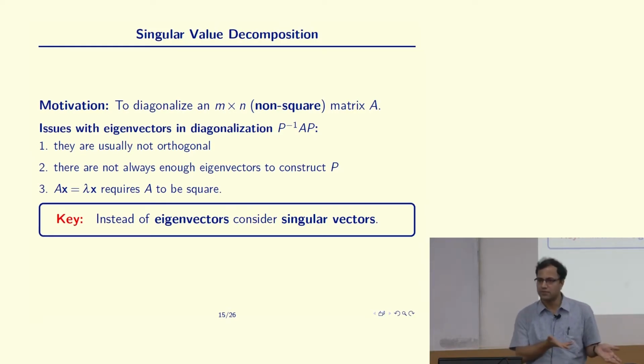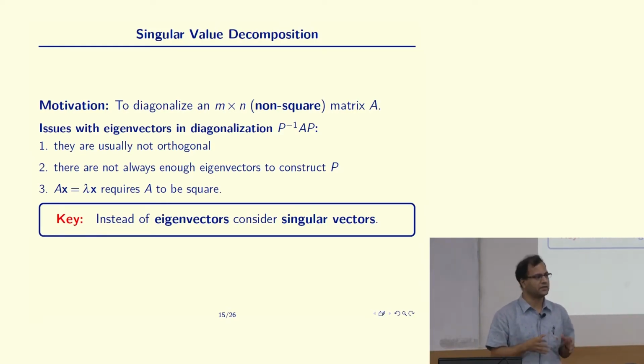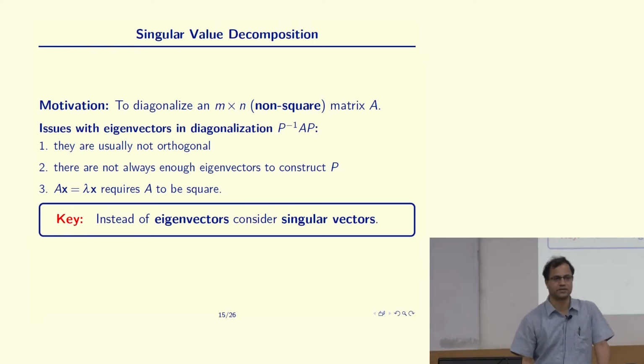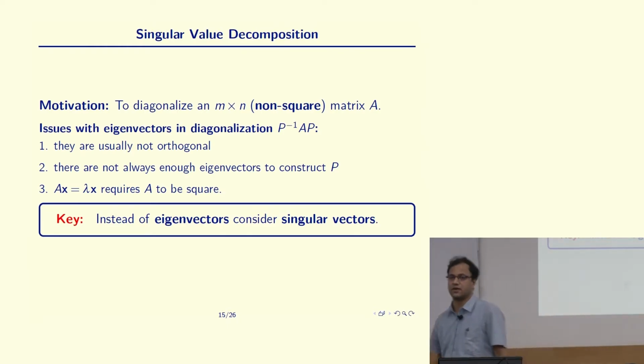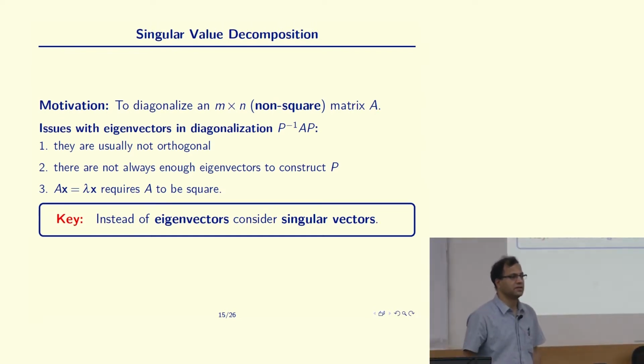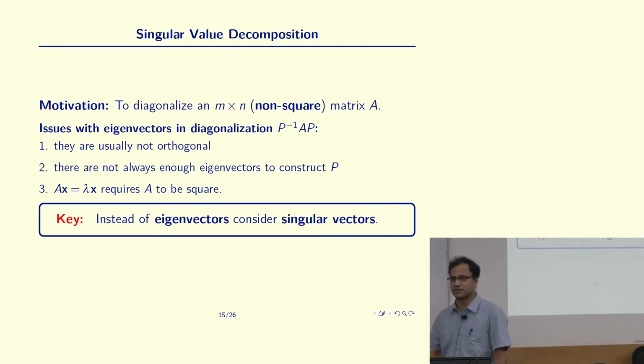Another problem is that there are not always a sufficient number of eigenvectors, so we can have fewer eigenvectors, and using those we cannot diagonalize. The third is that we always need a square matrix. That's the biggest bottleneck. To compute the eigenvectors, we always need a square matrix, which is not the case all the time in real applications. You can have any dimensional matrices.